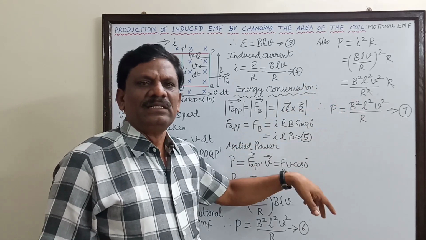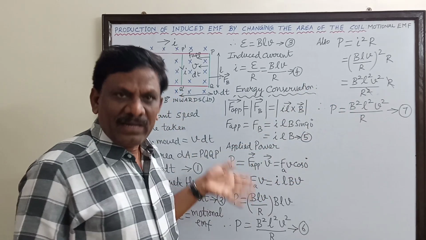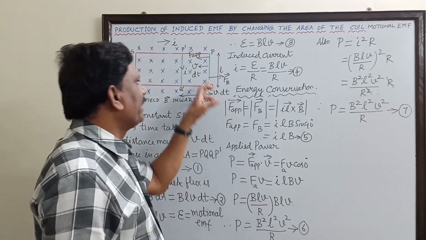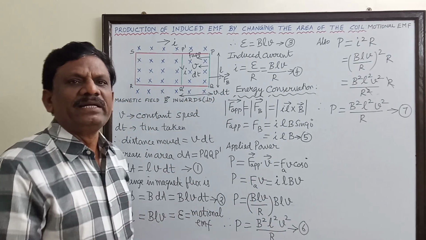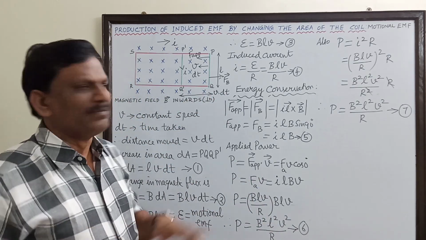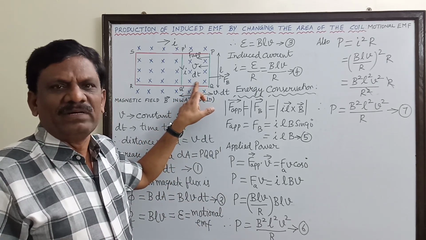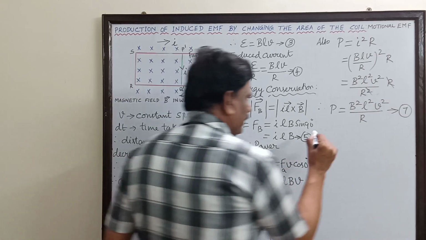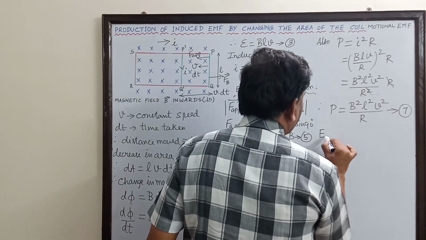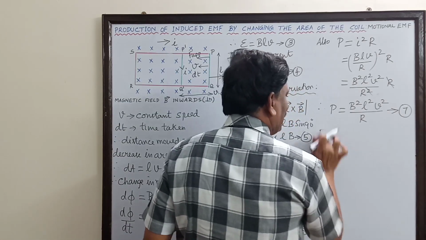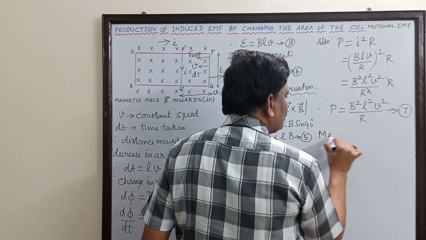This is because the mechanical energy spent for the time dt has been converted into electrical energy for the same time dt. So energy per time only is called the power, is it not? So totally what is happening here? Electrical energy is produced at the expenditure of mechanical energy.